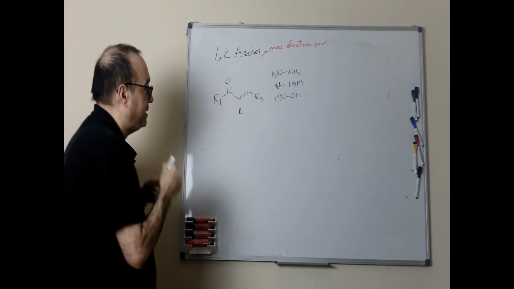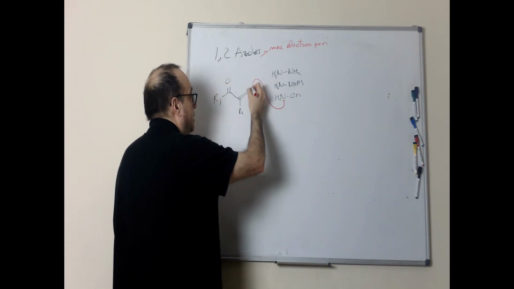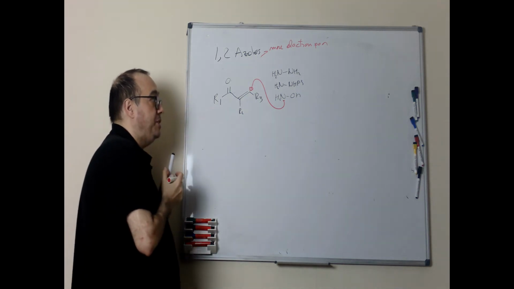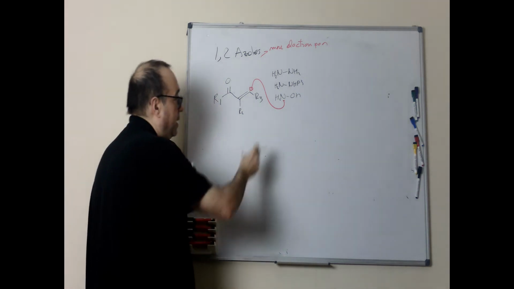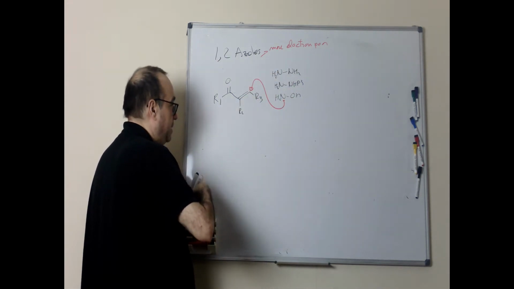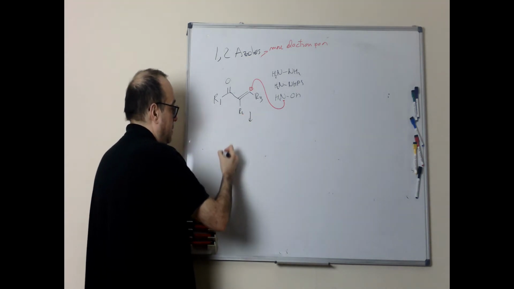If we do this, what will happen? The first step will be the addition of this compound to the beta position of the carbonyl group, doing a Michael addition. I do it with this, but you can do it with any of these compounds. Okay, it will be the same, following the rules that we did before.